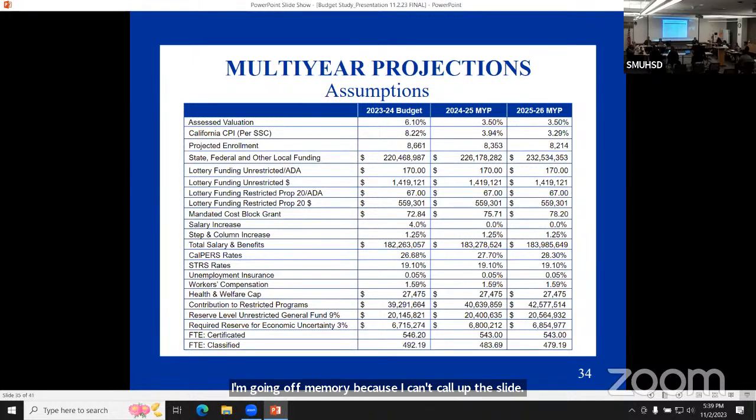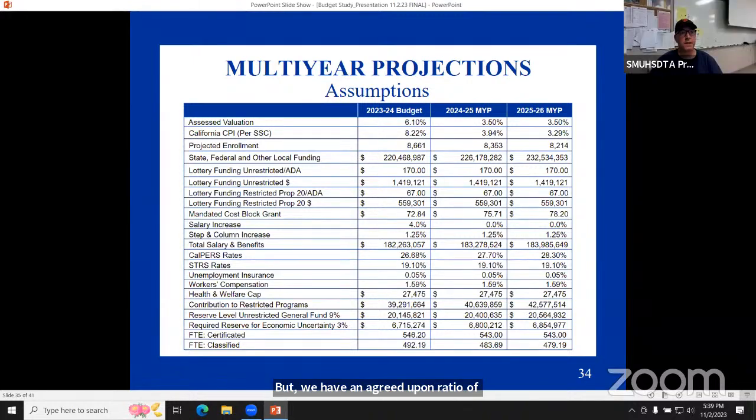So if the district is actually staffing at 26 to 1, that's great, but let's put it in the contract. 22 to 1 for ed specialist caseloads, that would be great to have in the contract if that's what we're doing and we can afford it, and we clearly have a large ending balance. 370 to 1 for counseling, that would be great to have in the contract. We've been proposing these numbers for over a decade.